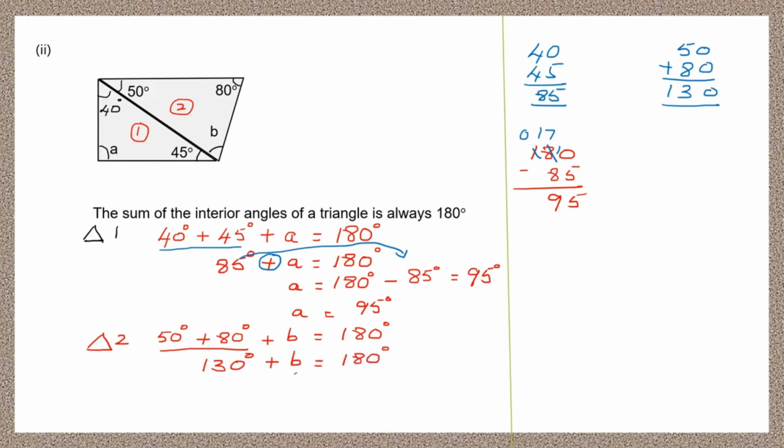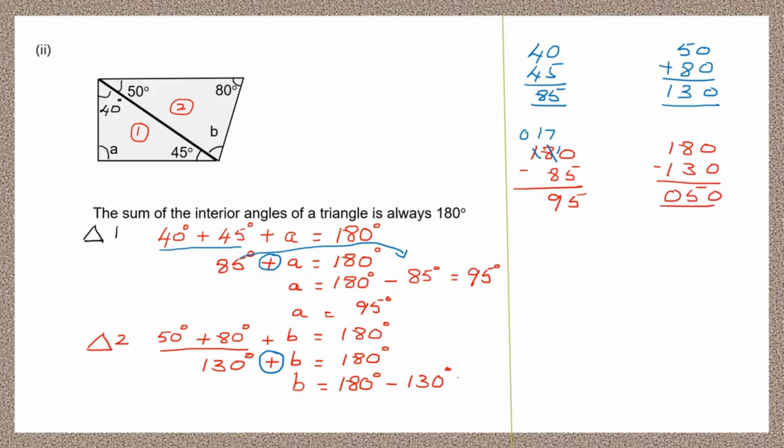I'm going to leave B on the left hand side and I'm going to take 130 degrees to the right hand side, and the operation, which is addition, will now change to subtraction. So I write 180 degrees minus 130 degrees. So let's minus that. 180 minus 130. 8 minus 3 is 5. 1 minus 1 is 0.